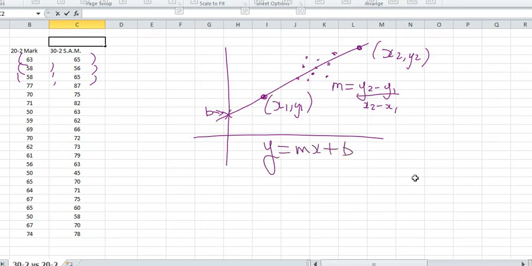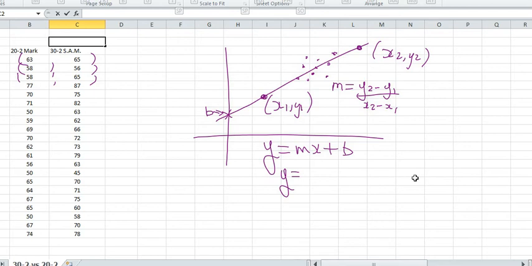Okay, who has an equation they want to share? I don't have one, you actually are doing this. I have one. Okay, what's your equation? That's nothing.